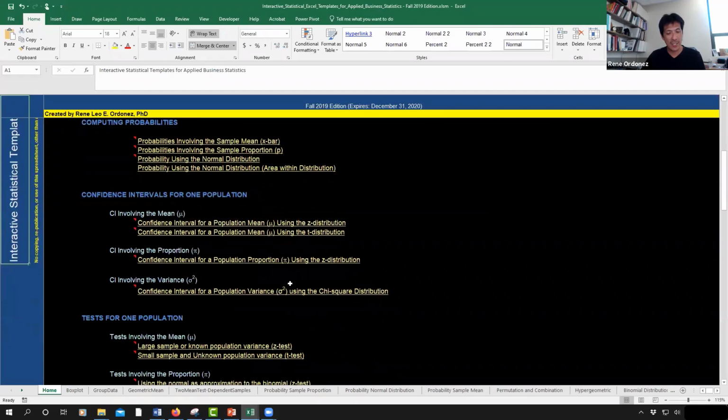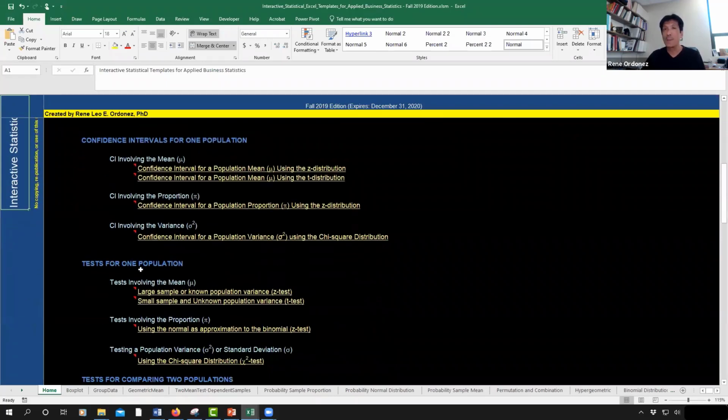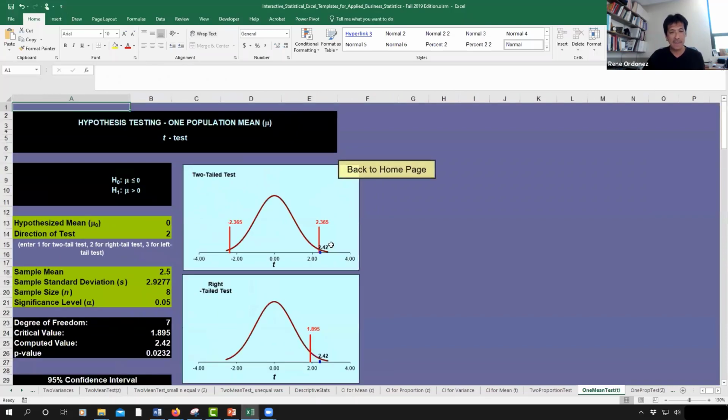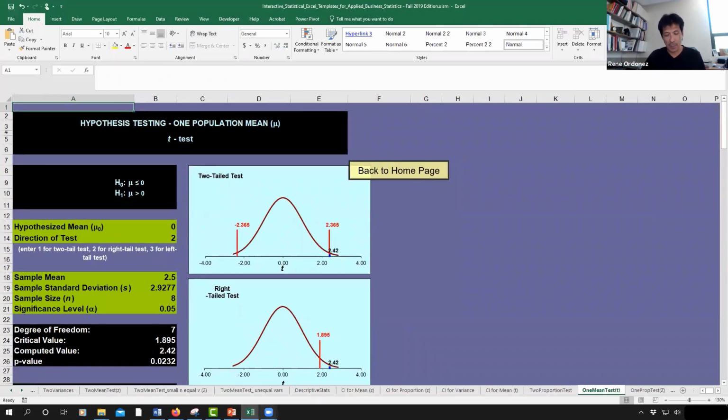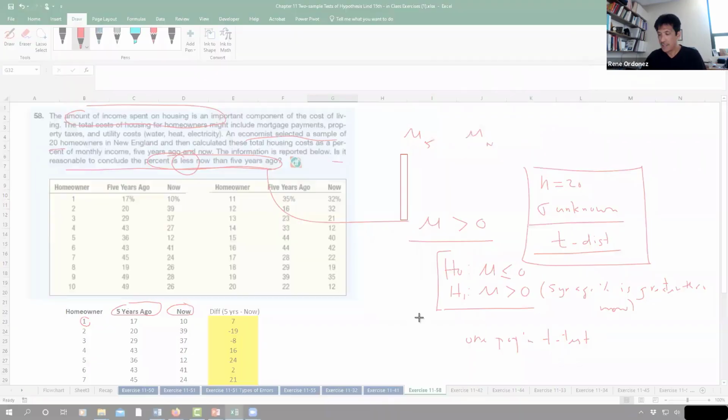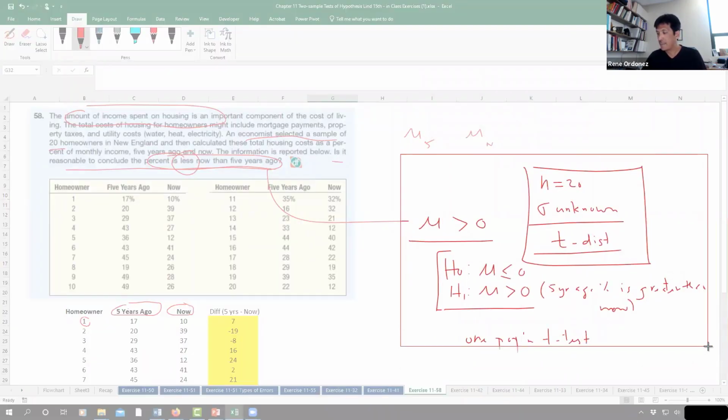We'll go back to test for one population, right? And small samples, unknown population variance or unknown population standard deviation. Select that. And now let me copy this hypothesis setup.